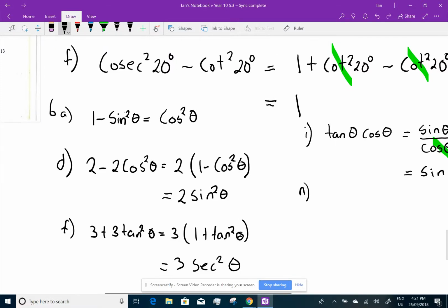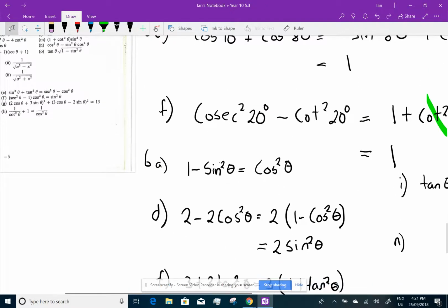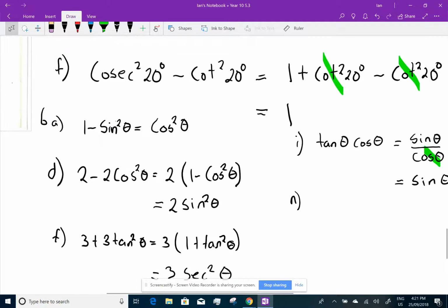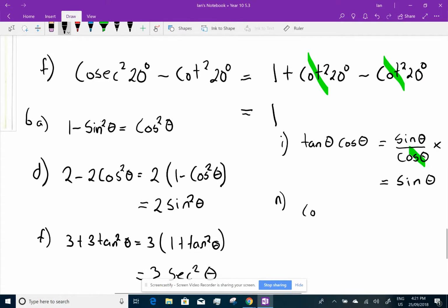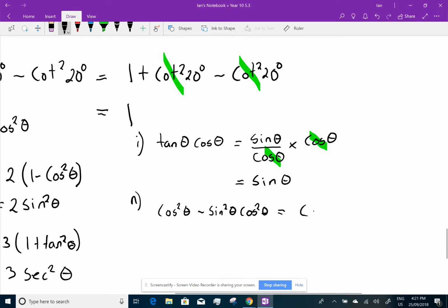And N is cos squared theta minus sine squared theta cos squared theta. And if I factorise out cos squared theta, I'm left with 1 minus sine squared theta.